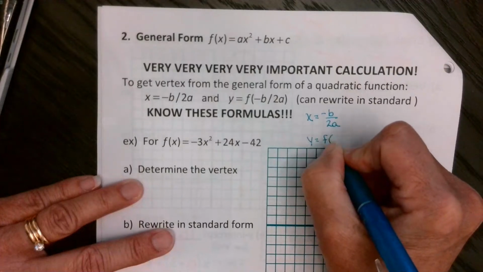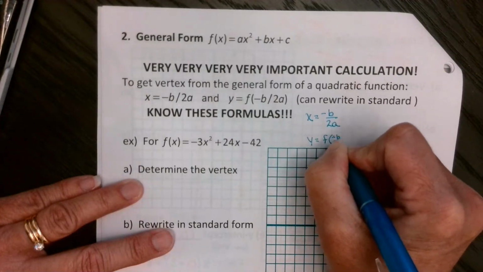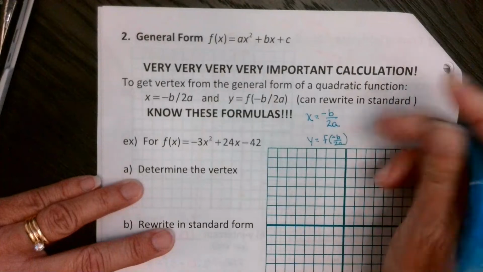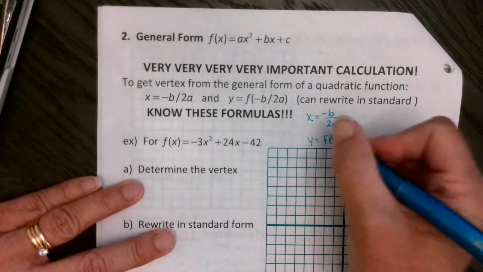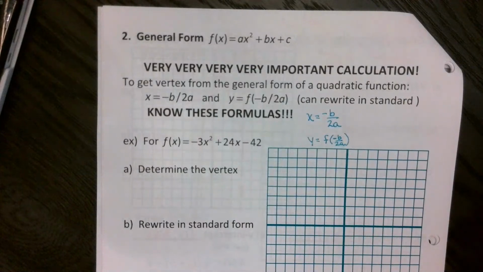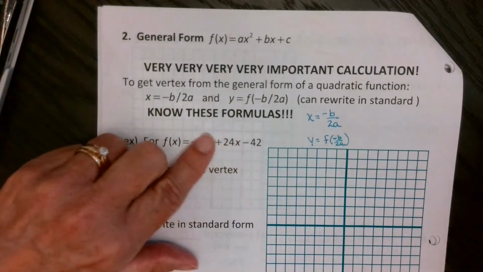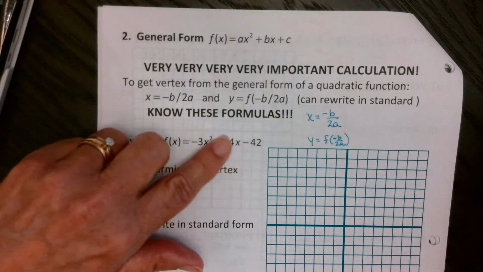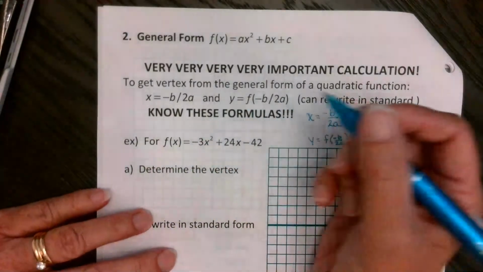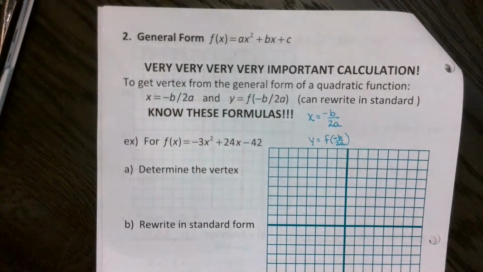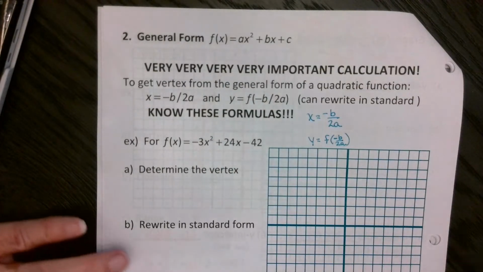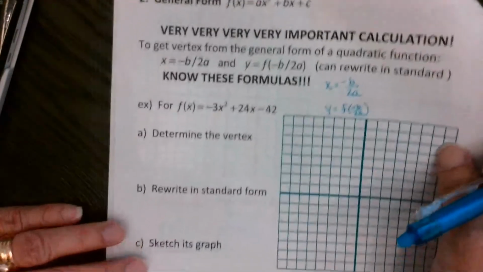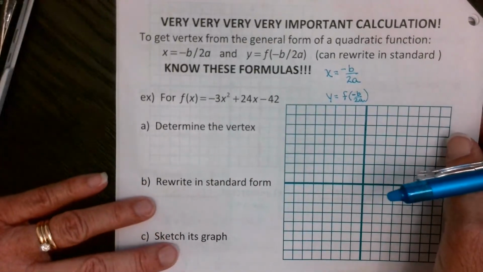Then, to find the y value, you plug this in. This looks really hard, but all it says is plug whatever your answer is into your function, and it gives you your y. So right here, given this, they talk about writing in standard form, which I usually don't, but I'll do it because it tells us to, and I think maybe Pearson expects it.